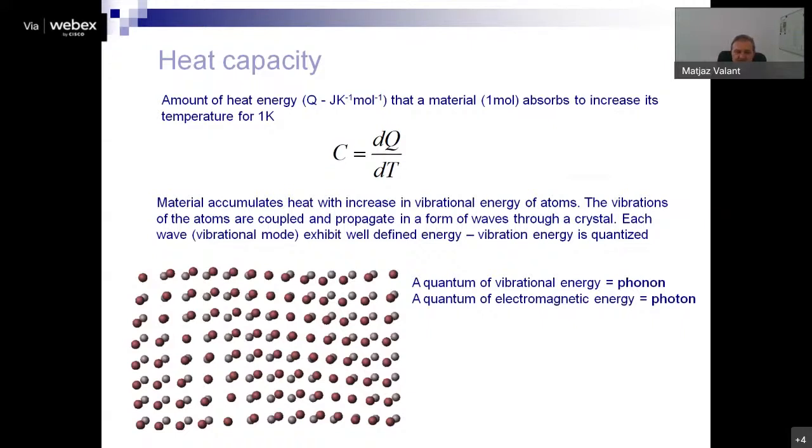We can also define a specific heat capacity, and that would be the amount of energy that 1 kilogram of material can absorb to increase its temperature by 1 Kelvin. So again, the heat capacity here is just a proportionality constant between the change of energy and the change of temperature.